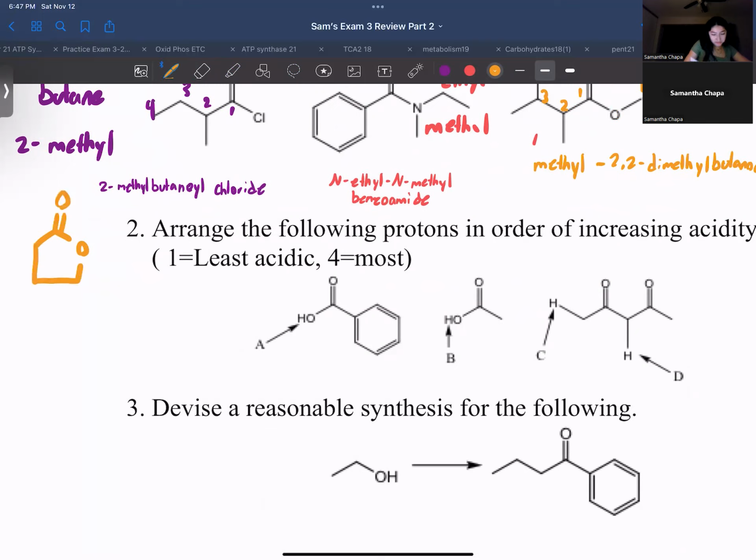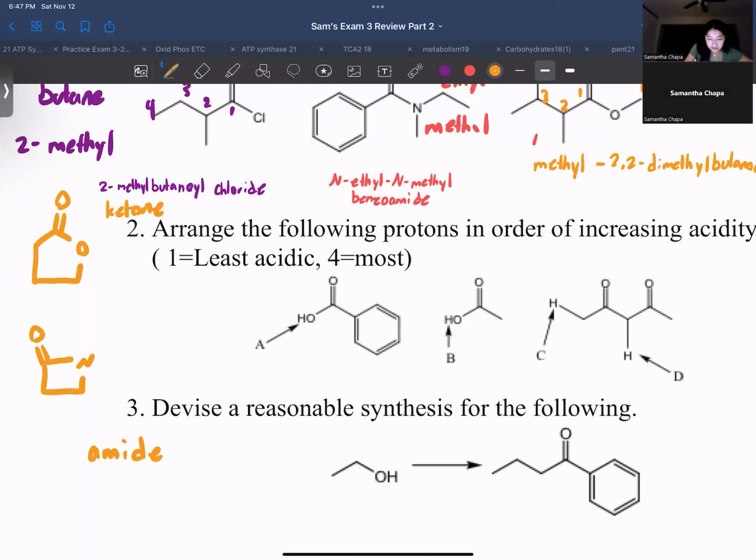So for this one, okay, let me just give you the two different ones. For this one, we have an amide, and this one we have a ketone, or an ester group, right?